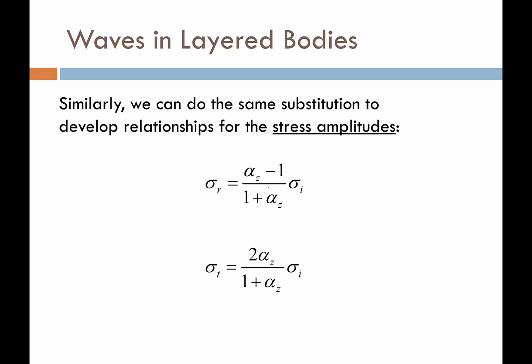And if I want the transmitted stress amplitude, it's equal to this factor right here, where again, remember that alpha sub z is my impedance ratio. And it's just equal to rho 2 times the propagation velocity 2 divided by rho 1 times the propagation velocity of 1.